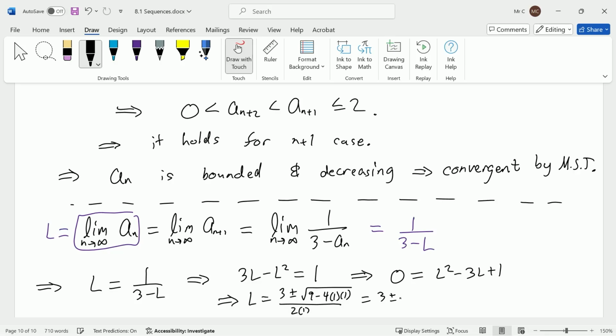That's 3 plus or minus the square root of 5 over 2. But L has to be less than or equal to 2. And so if I look at 3 plus the square root of 5 over 2, that's going to be too large. So that implies that L is 3 minus the square root of 5 over 2.